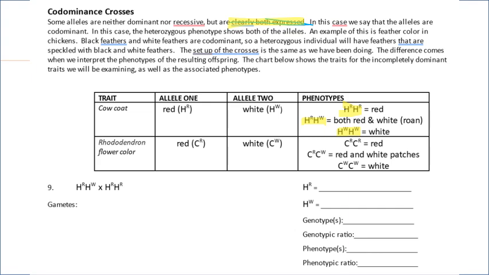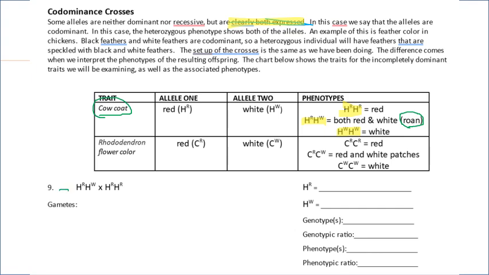So when we look at this here, we're looking at the cow coat. If you were going to describe a roan, it's kind of polka dot. What you would see is a white cow with red splotches on it. You can Google that later if you want, a roan cow. So our cross is right here.